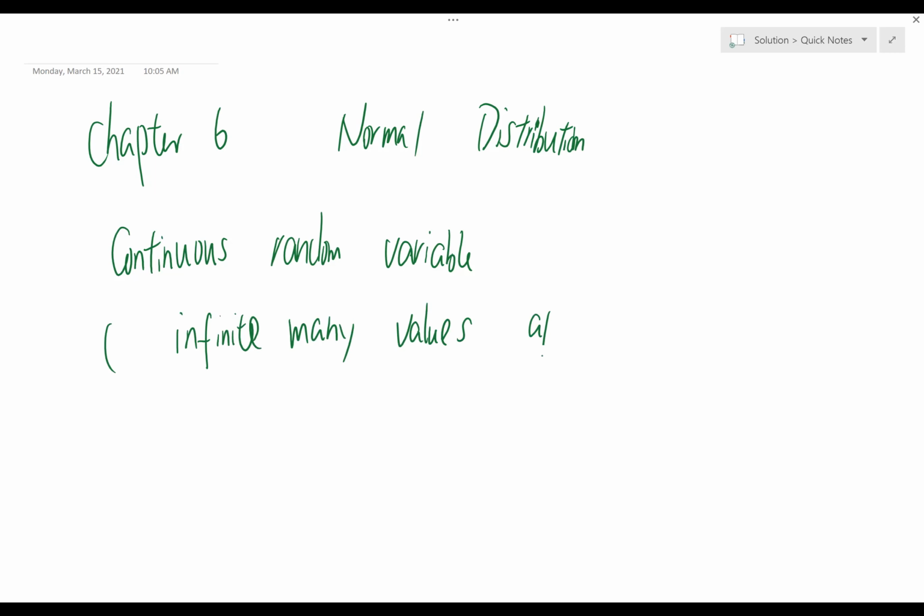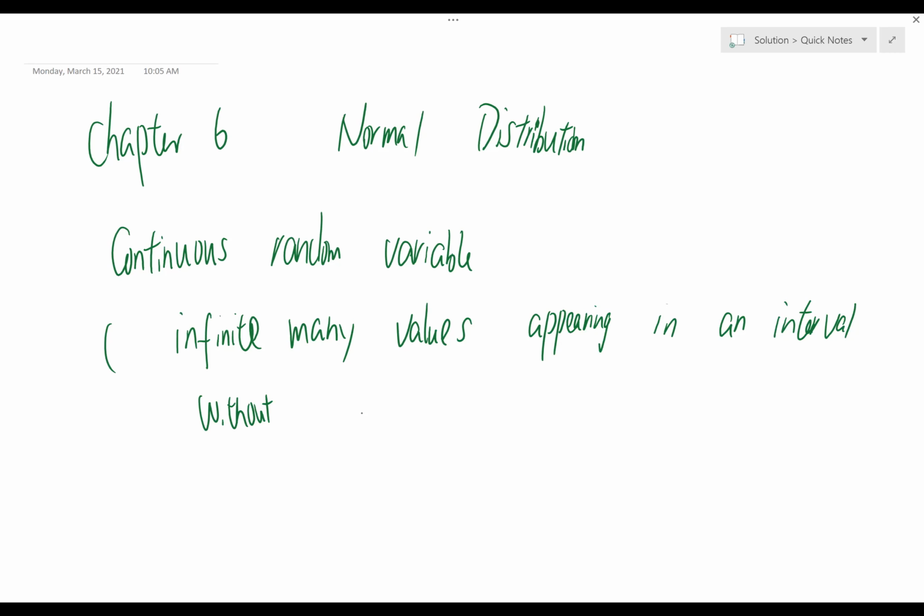A continuous random variable usually appears in an interval without a gap. A good example could be the number of gallons of milk a cow produces in a given day.